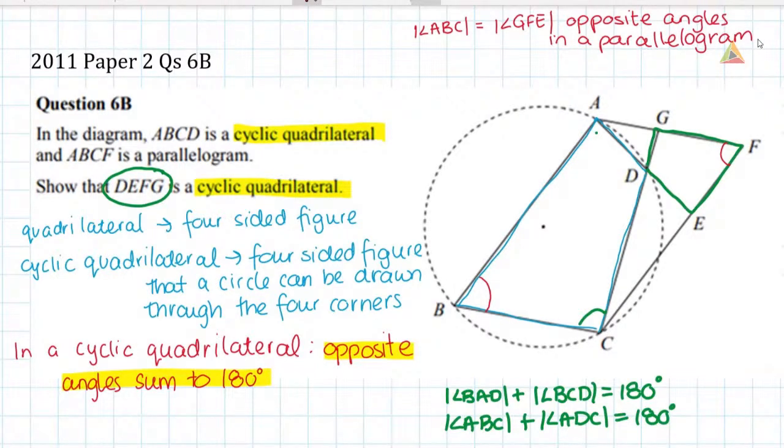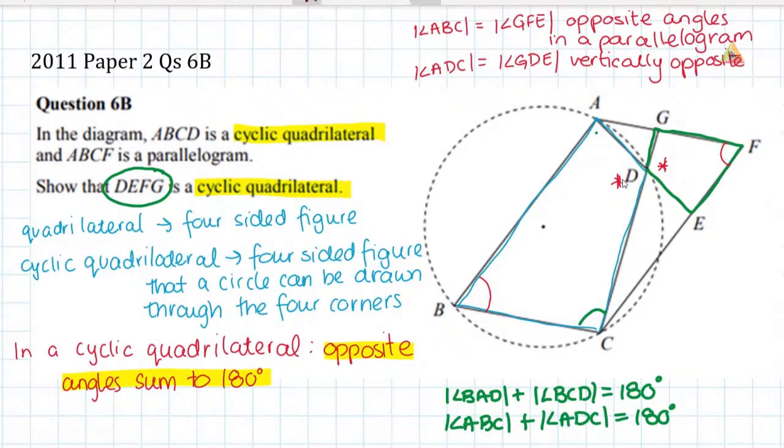Another thing that I can see is that the angle from A to D to C is equal to the angle that's formed here, which is the angle from G to D to E. And why they're equal is because they're vertically opposite angles. So we talked about vertically opposite angles being equal in measure.